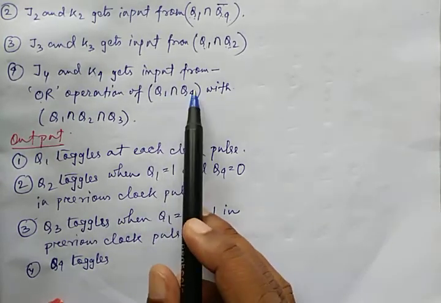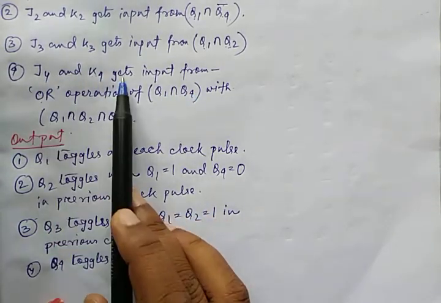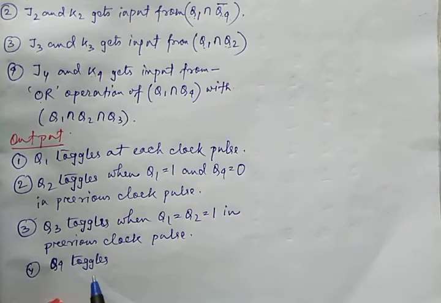If any one of them happens, J4 and K4 must be 1, and then Q4 toggles.